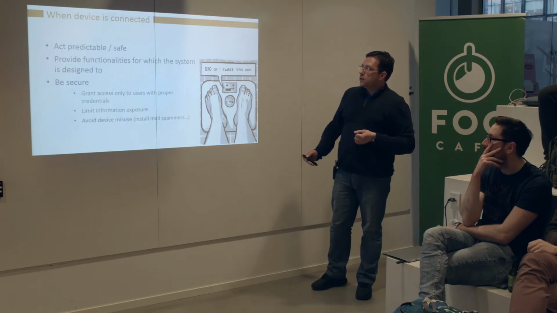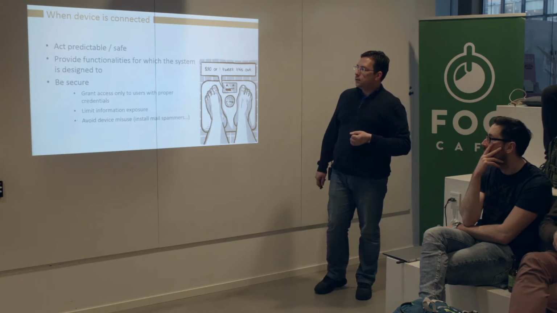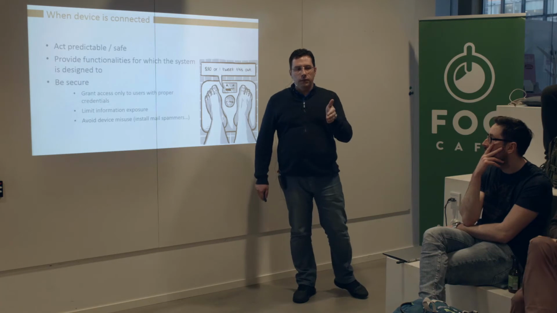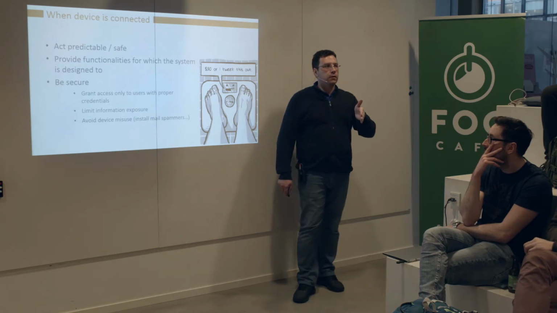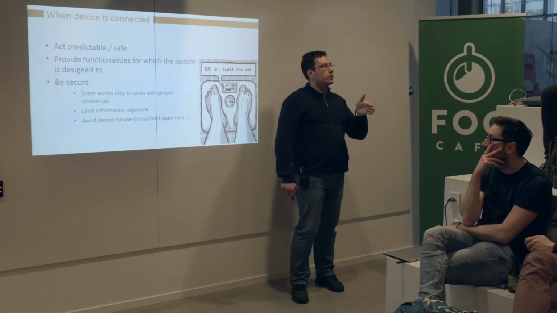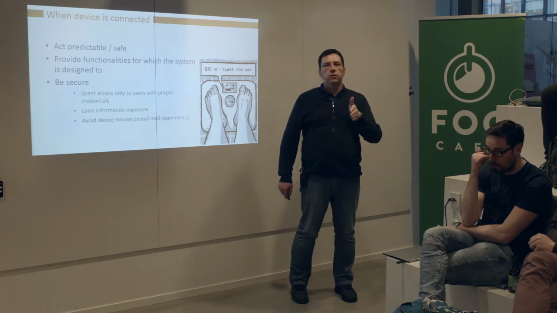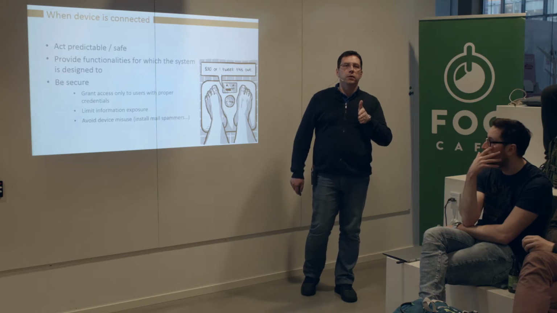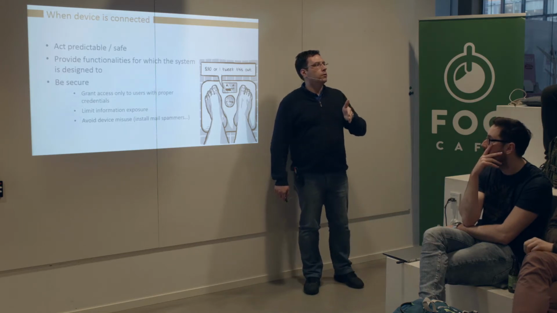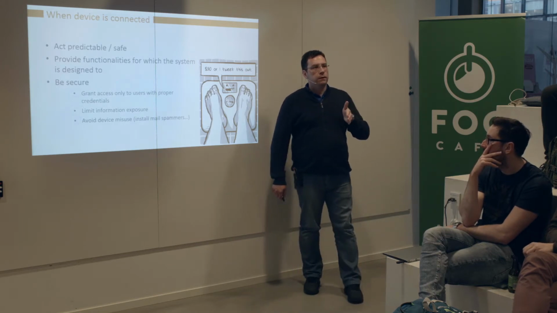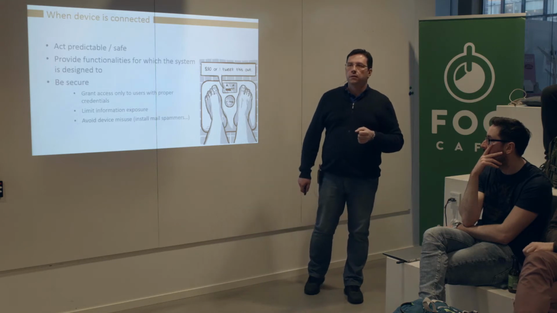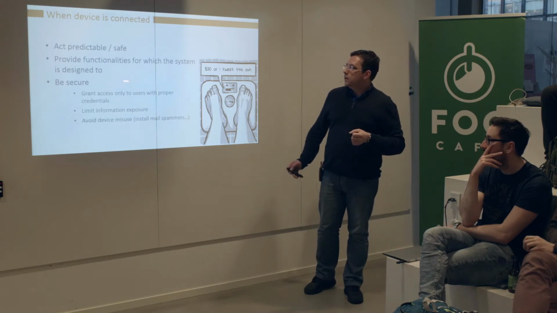So what happens when we connect a device to the internet? It is extremely important that the device acts predictably and safely, meaning that if you turn your oven on and off, you have to be certain that it always happens predictably, and there are no scenarios in which the oven is turned on for 24 hours at maximum power, which will in many cases cause a fire or damage the oven that you may have at home.